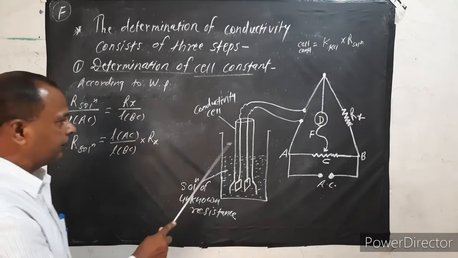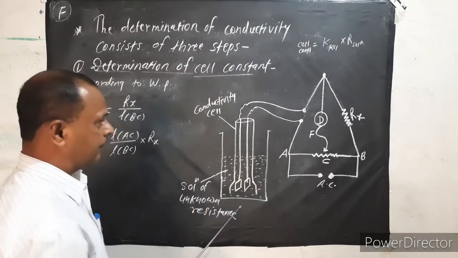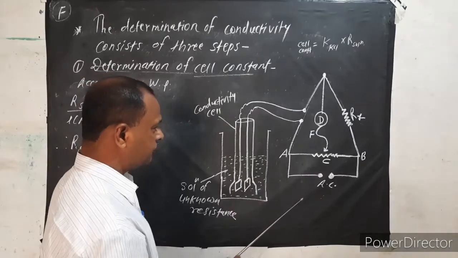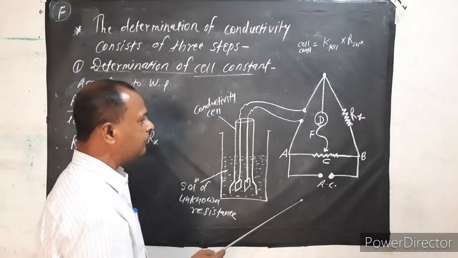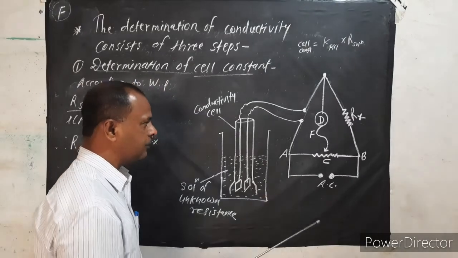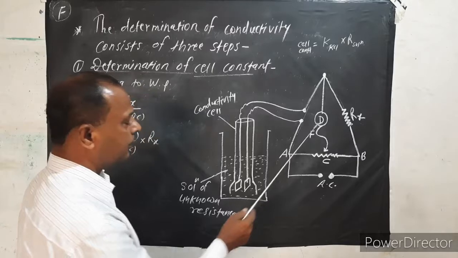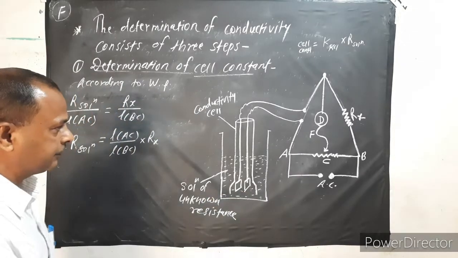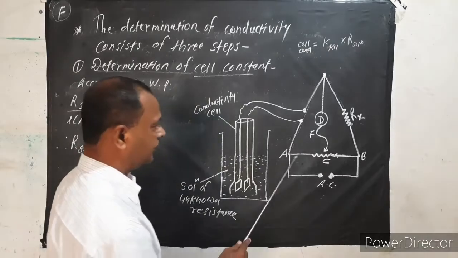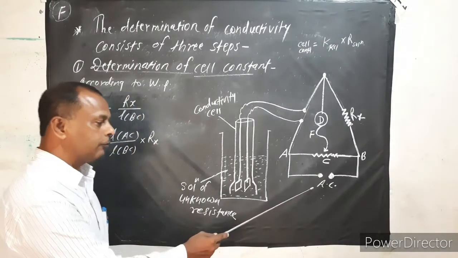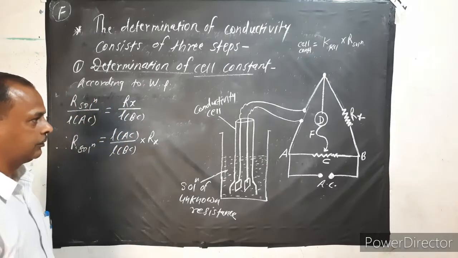Now look here in this diagram. So what is given here? This is the Wheatstone bridge. Here Rx is the variable known resistance, D is the current detector, F is the sliding contact, AB is the wire, and AC is here under a source of alternating current.